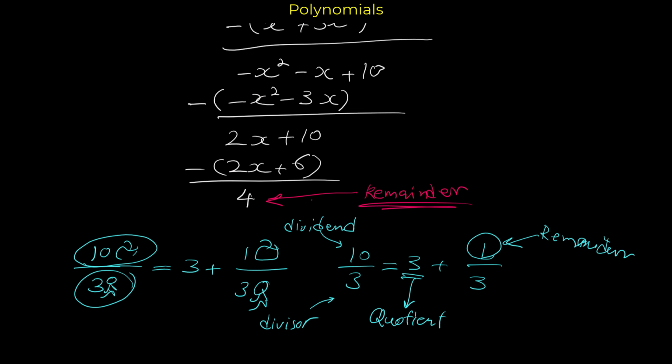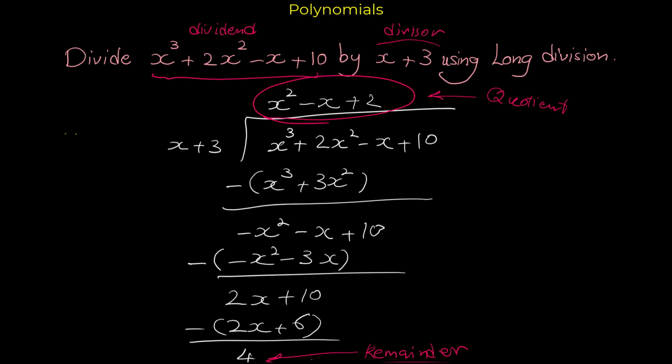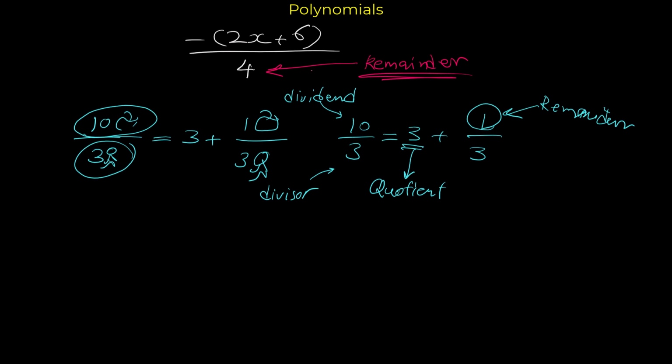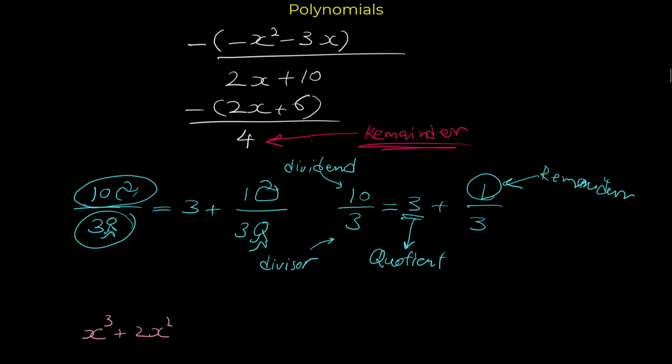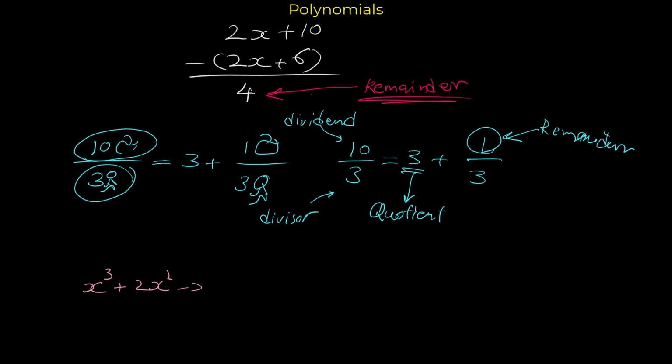Let me write this now for this example. I want to write a similar sentence for this question. We divided this big polynomial, x to the 3 plus 2x to the 2 minus x plus 10, by x plus 3.